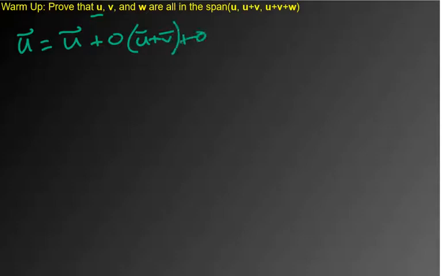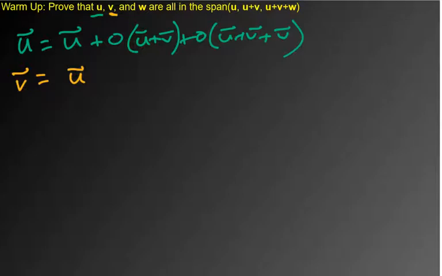So, the first one, just one green, it's not too bad to see that u equals, just take one of the first, take none of these second vectors, and none of these third vectors, and that would do it, right? If you want to show v, then you could take just one of the first, and then you could take minus one.